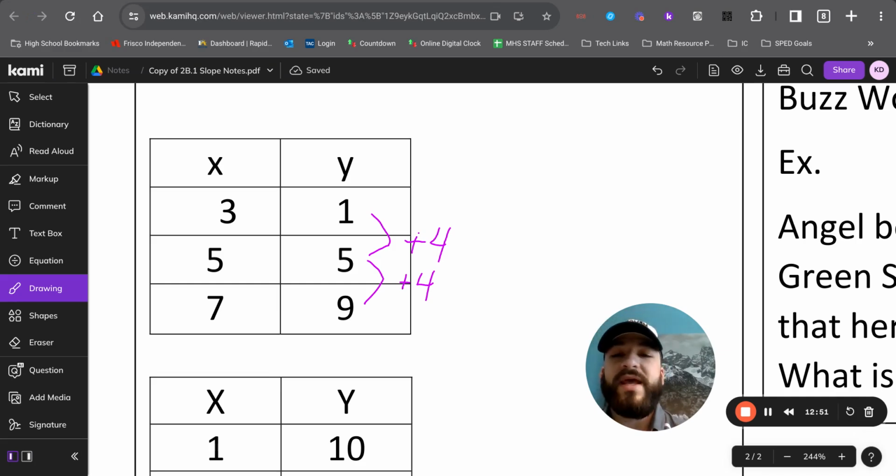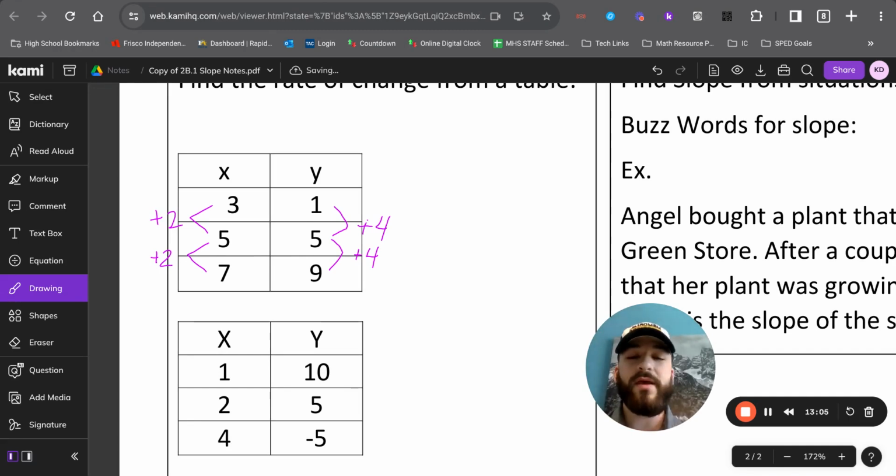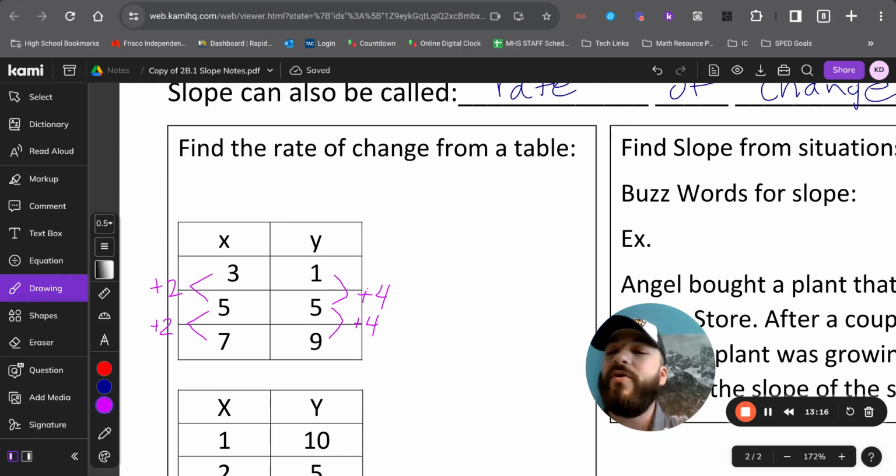Okay, then over on my x side, to get from x value to x value, 3 to 5, I would add by 2. And to get from x value to x value, from 5 to 7, I would add by 2. And what I notice, am I changing by the same in my y direction for both points? Yes, plus 4 and then plus 4. Am I doing the same for my x points, plus 2 and plus 2? Yes, so that means I know this is a rate of change relationship.